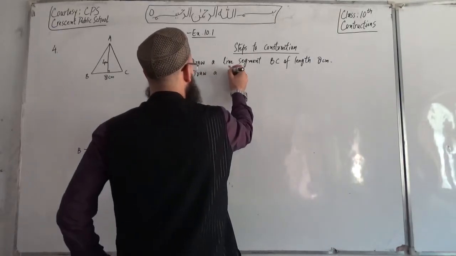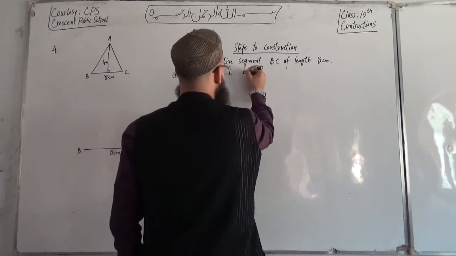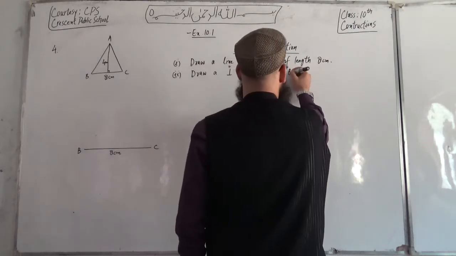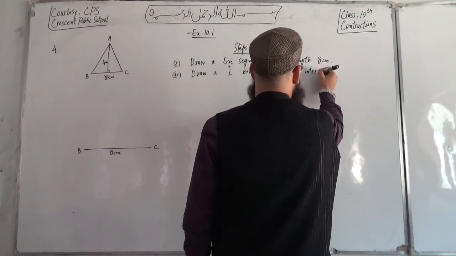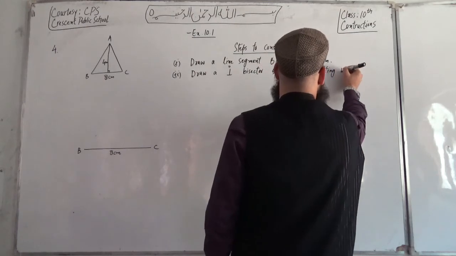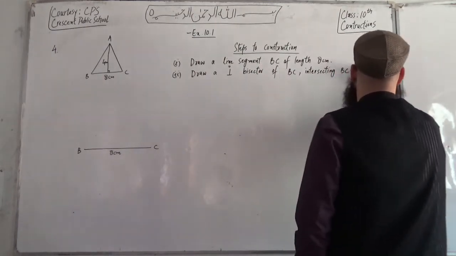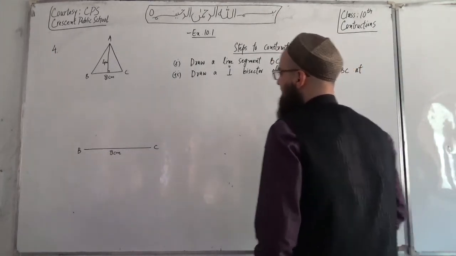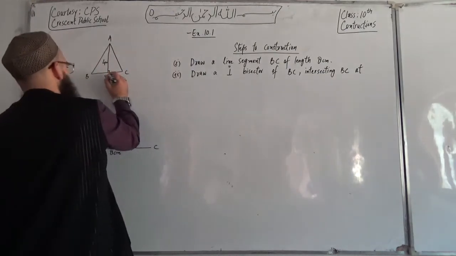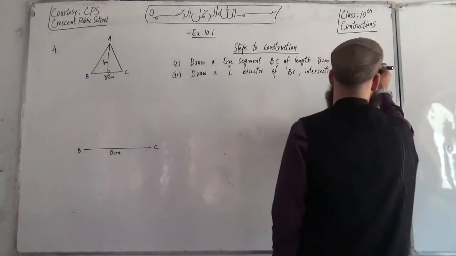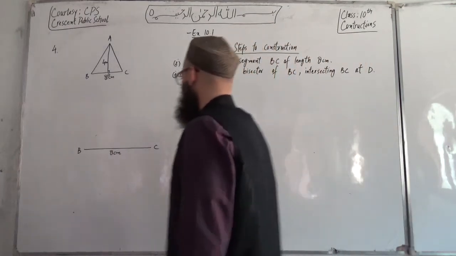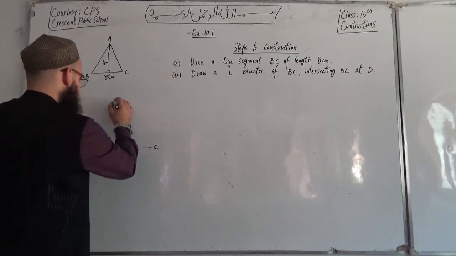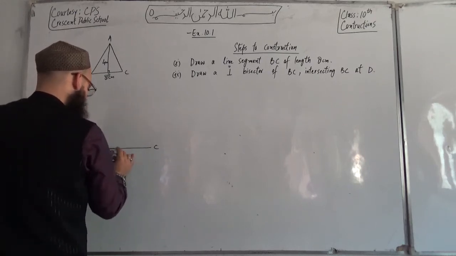Draw a perpendicular bisector of BC intersecting BC at, say, D. Let us say this point is D. Perpendicular bisector, you know how to draw it. Let me just give you an idea.